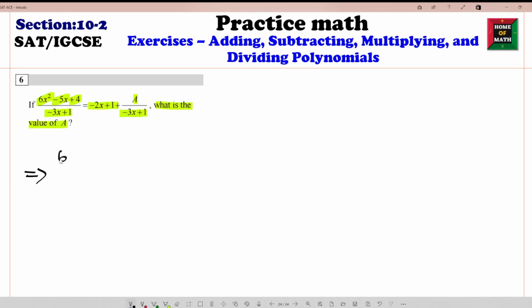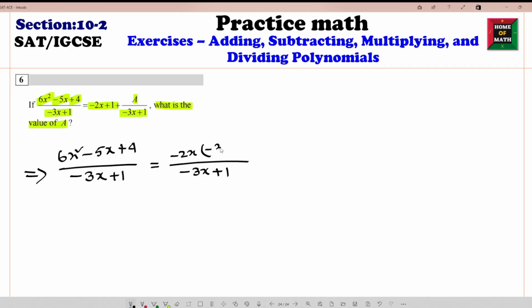So here is 6x square minus 5x plus 4 divided by minus 3x plus 1 equals, here we can make the LCM. The LCM is minus 3x plus 1. So here is minus 2x times minus 3x plus 1, then plus 1, it will be minus 3x plus 1, and then plus a, right?